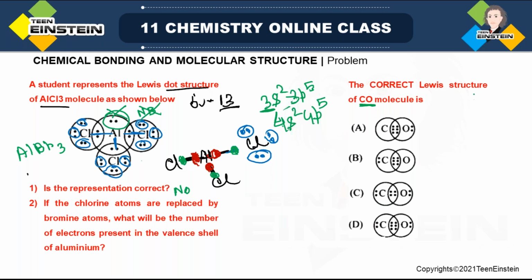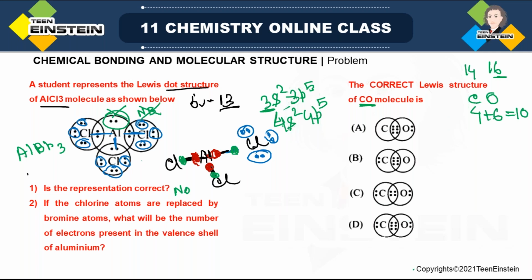First thing that you have to do, individually for carbon and oxygen, is find the number of valence electrons. For carbon, valence electrons 4 because it is from group 14. Oxygen is group 16, number of valence electrons 6. So total number of electrons 10. Now if you simply count the electrons, the total cannot be more than 10 or lesser than 10. It has to be so.